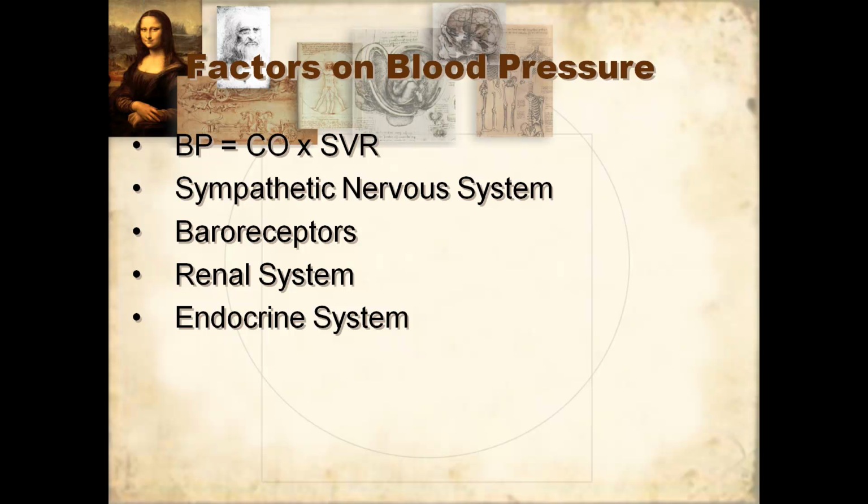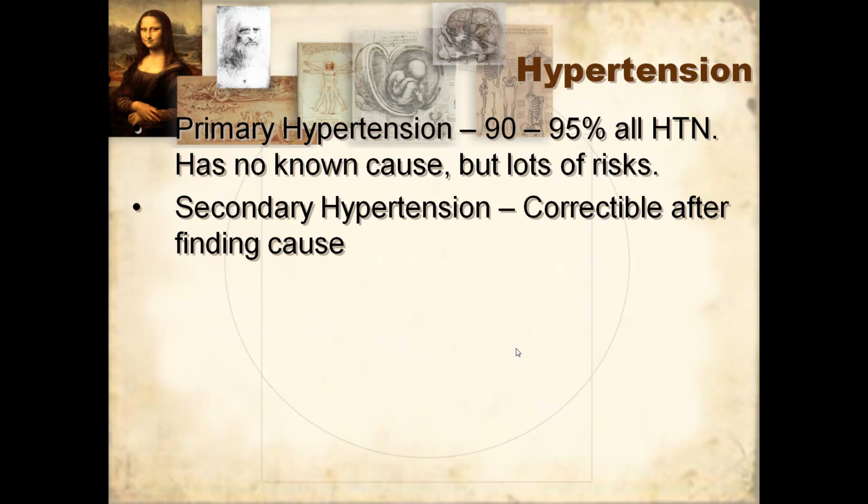So we have ways that we try to compensate that in the body. For example, the sympathetic nervous system is one of them. You have baroreceptors, you have the renal system, and you have the endocrine system. You remember that from pathophys, what each one does and how it basically manages your blood pressure, your cardiac output. We have different systems that take over if we're not meeting the output and the oxygen needs.